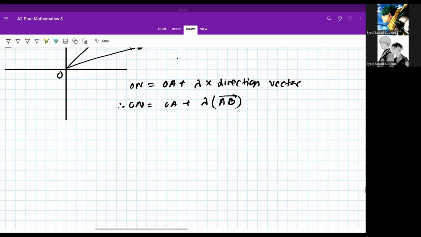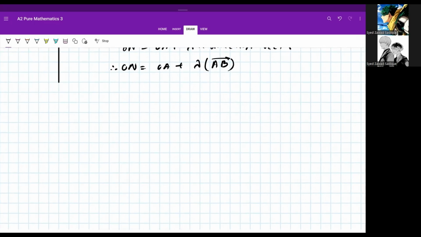Right. We can represent this as r is equal to a plus tb. This is the representation of the vector equation of a line.